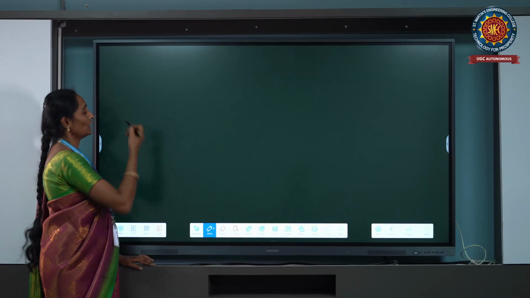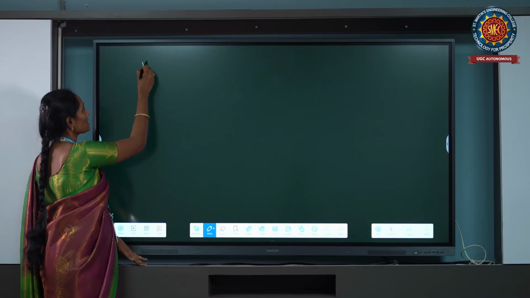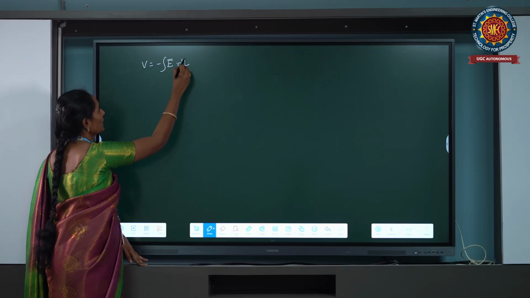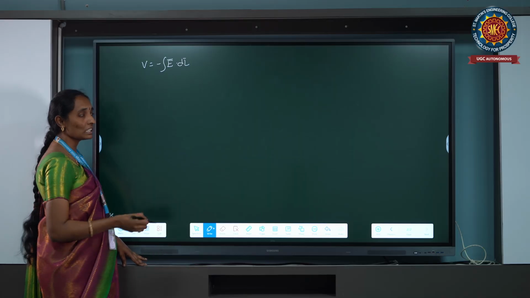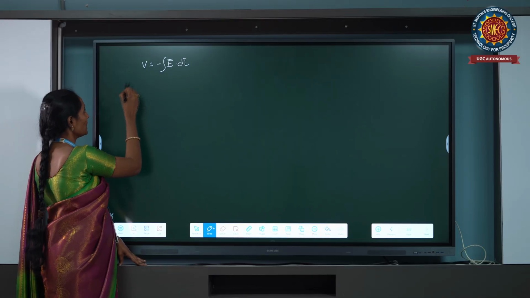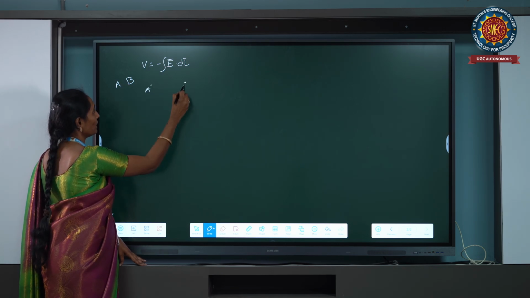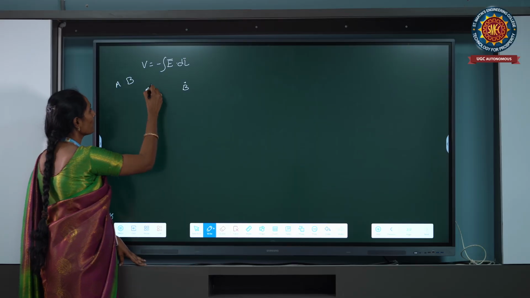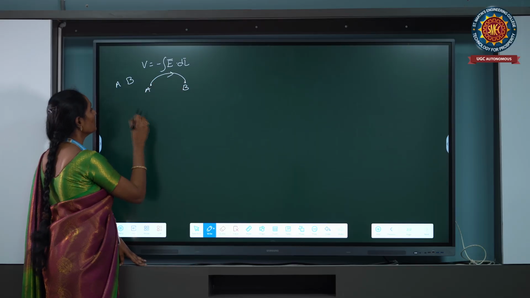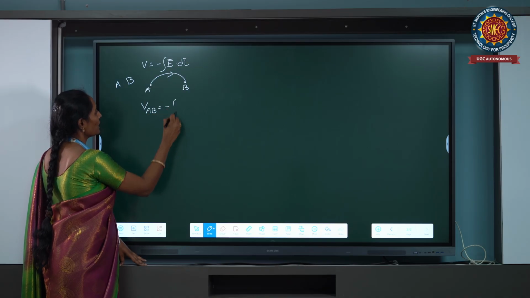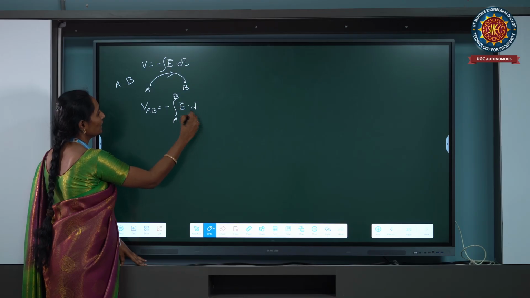According to the potential formula, V is equal to minus integration of E bar dot dl bar. Suppose we are considering 2 points, A and B. If the charge particle is moving from A to B, the potential V AB is equal to minus integration from A to B of E bar dot dl bar.